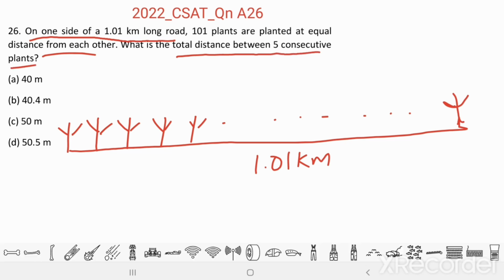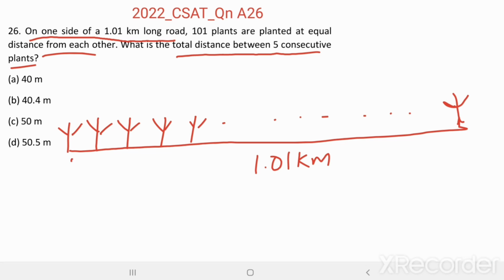So, to find this, first we need to find what is the distance between two adjacent plants. So, here you can see number of gaps between two adjacent plants equal to 1. Number of gaps between 3 adjacent plants equal to 2.